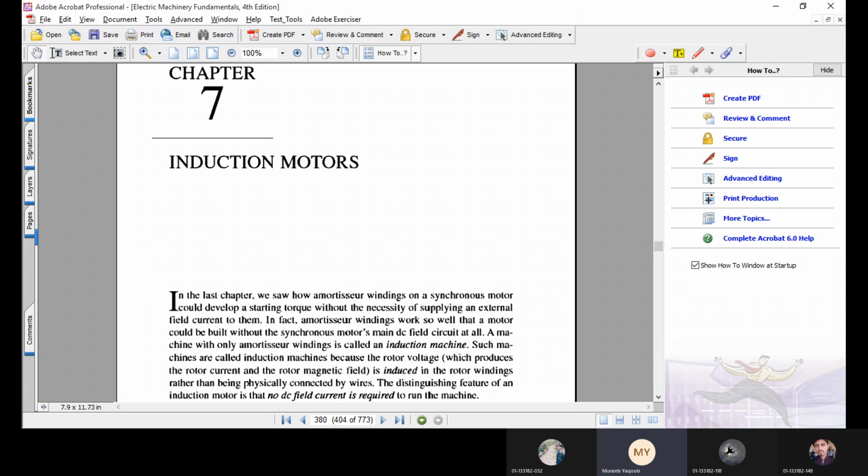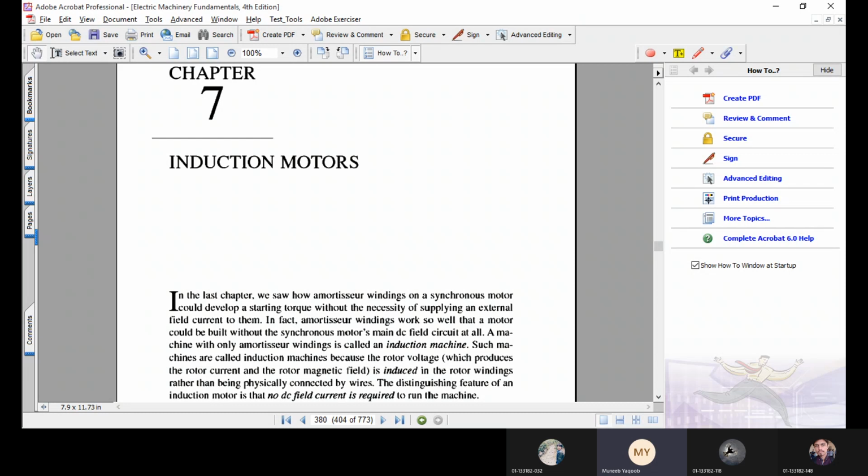Due to this three-phase set of voltages that are equal in magnitude and differ by 120-degree phase angle, a rotational magnetic field is produced. So when we provide the stator with a three-phase voltage, the stator produces a rotational magnetic field.